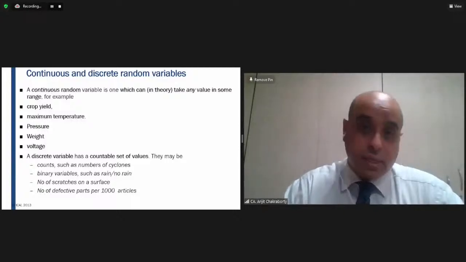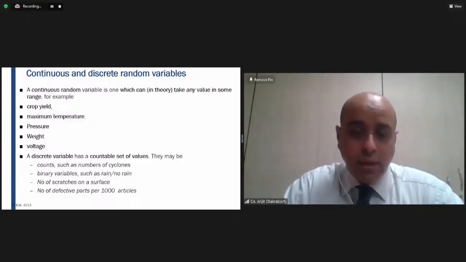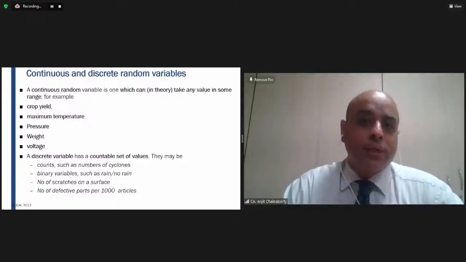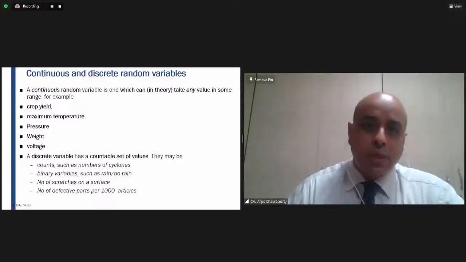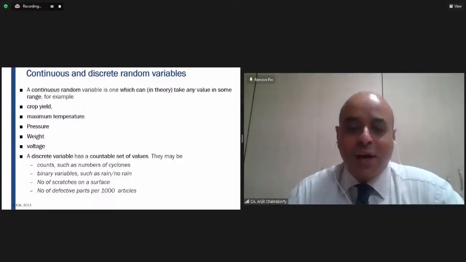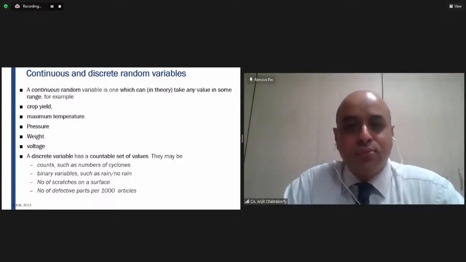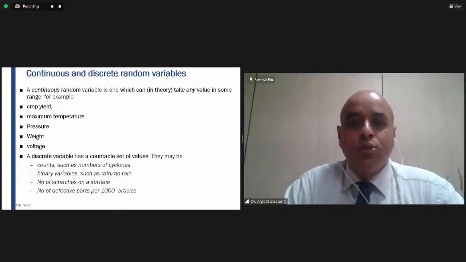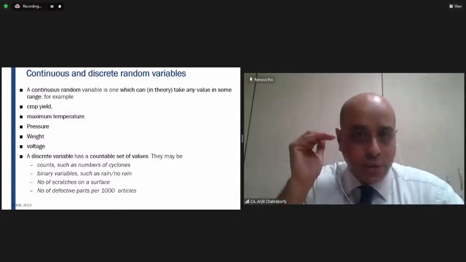So therefore it can be a fractional value as well. So height is a continuous random variable. Yes, it is true that height cannot be 0 or negative, but the height of a person can assume any value within a defined range.